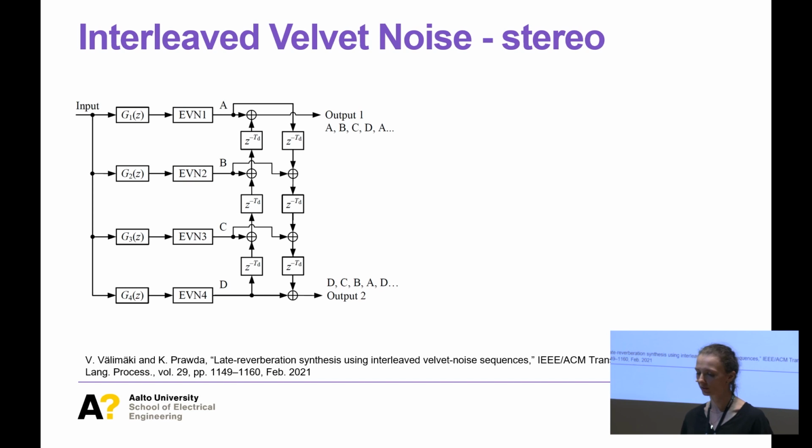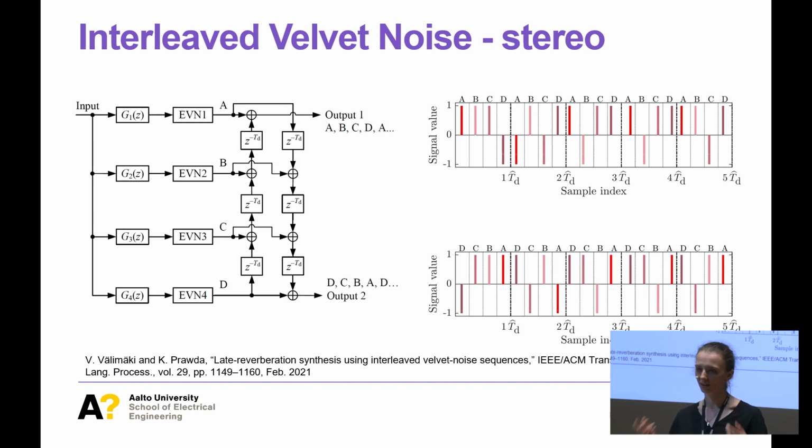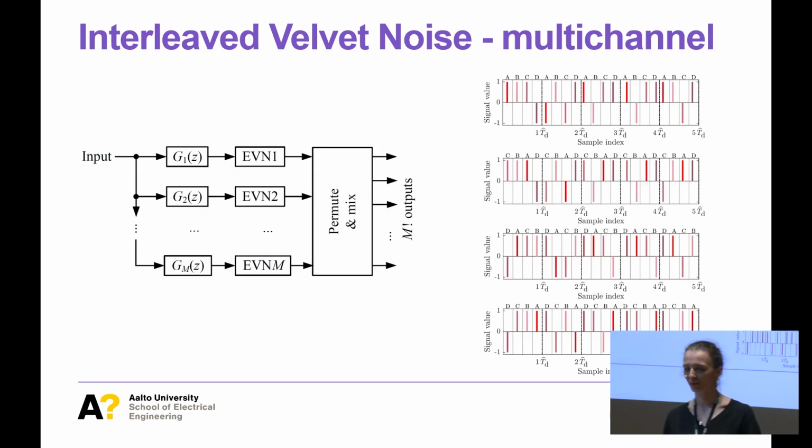But then if we want a stereo case, in the second output we can have those delays a bit shuffled. So for example, our first output will be our basic sequence order ABCD, but if the delays are shuffled, so that sequence D appears first and sequence A appears last, then we can have this kind of two-channel arrangement. But of course, it is quite easy to permute and shuffle these delays.